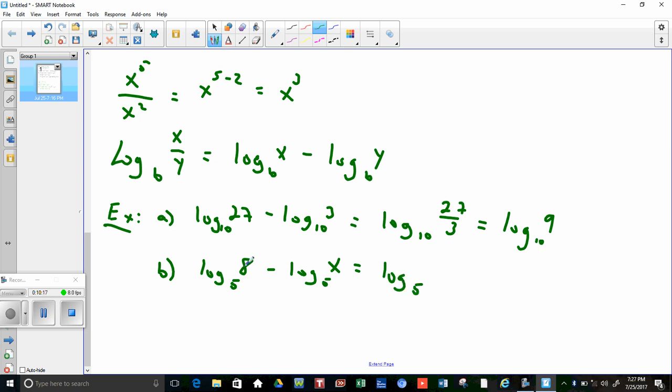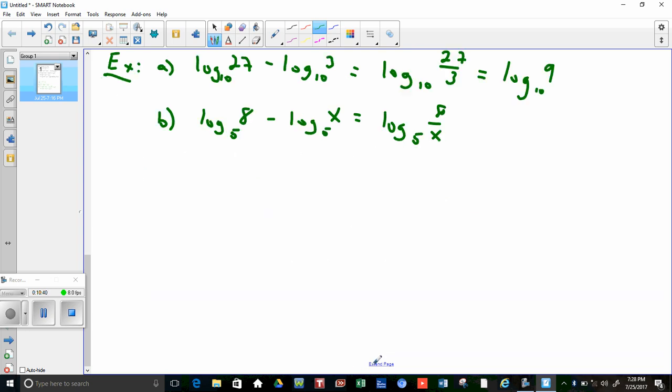This one has to be on top because it's a positive out in front. This one's getting subtracted, so it goes to the bottom. So that will be 8 over x. Log of 8 over x base 5. Nothing to simplify there because we don't know the value of x. X here obviously cannot be 0 because that would give us an issue.